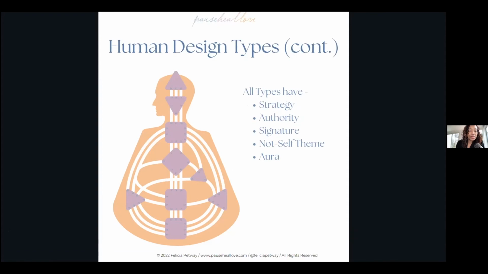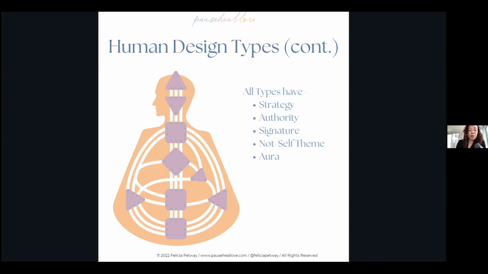So let's take a look at what's common for all of the human design types. All types have a unique strategy that aligns us with our destiny. Strategy is how we experience ease and remove resistance in life. All types have a unique signature and not-self theme. Signature is what we get to experience when we follow our strategy, also known as being in alignment.